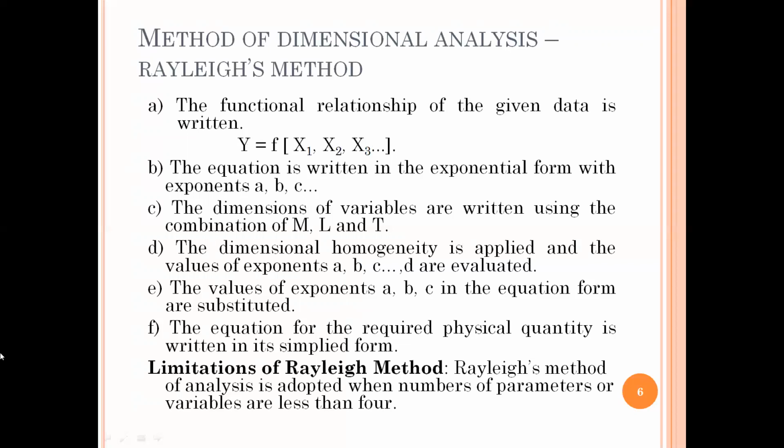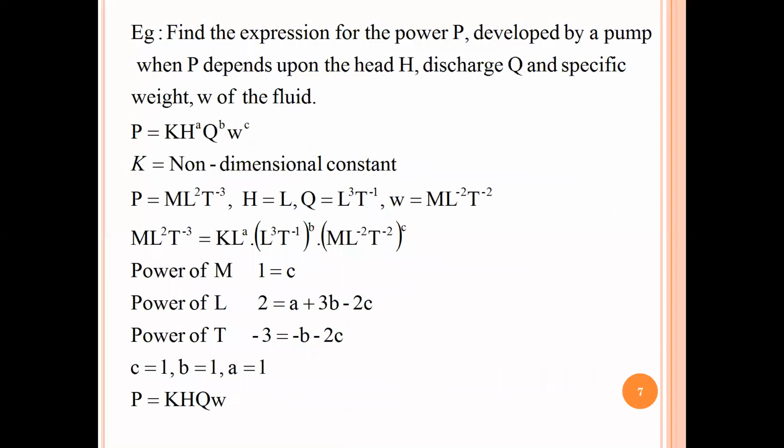Then I'm equating the exponents of M, exponents of L, and exponents of T, finding the values of A, B, and C, and putting them back into my equation. The limitation is, the method is simple, but it can be used only when the number of parameters is less than 4, that is, for a maximum of 3 parameters.